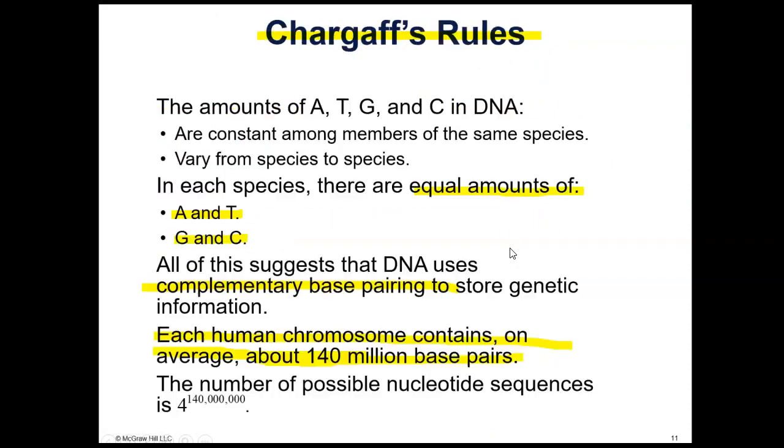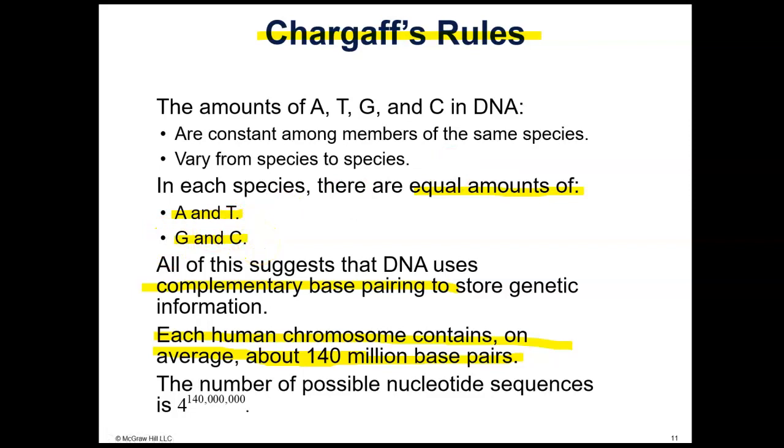Okay, so Chargaff is a scientist who discovered that when you analyze the composition of DNA, there's always an equal amount of A and T, and there's always an equal amount of G and C. That suggests that since DNA is a double-stranded structure, A's always pair up with T's and G's always pair up with C's.